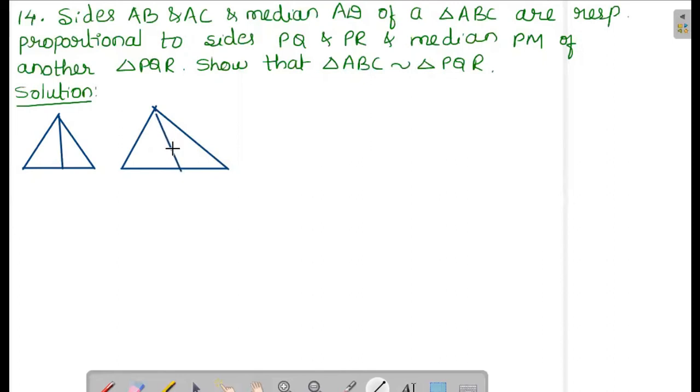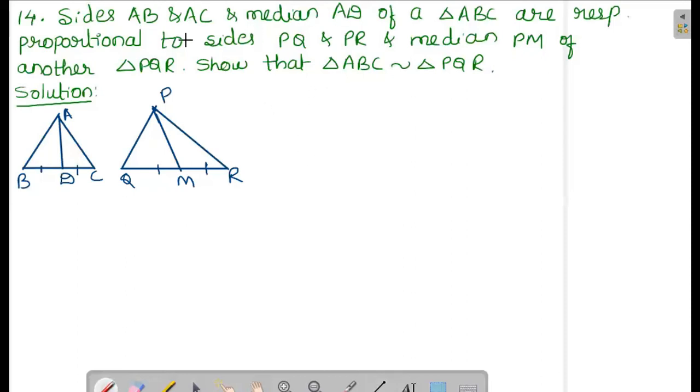This is the median. Okay, so here A, B, C, AD, P, Q, R and M. So this is the median, means this BD is equal to CD, here QM is equal to MR. Okay, given.